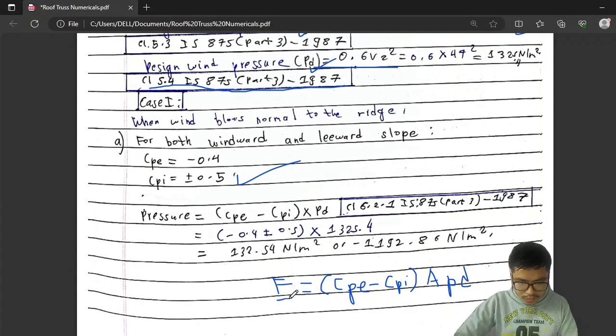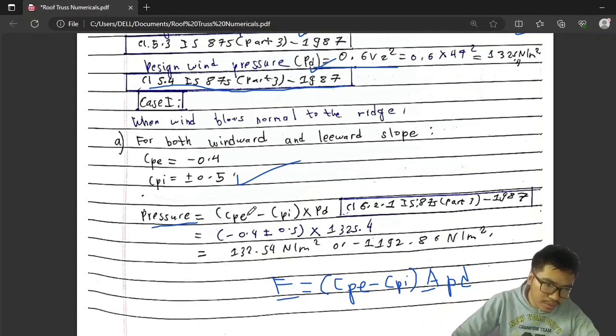So this force divided by area is the pressure, which is equal to (Cpe minus Cpi) into Pd. Cpe is minus 0.4 for both cases, and Cpi is plus minus 0.5, and Pd is 1325.4.